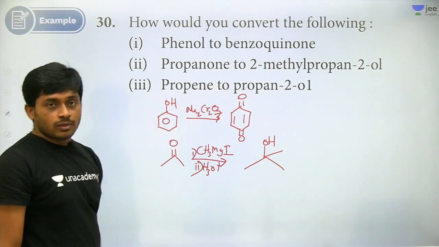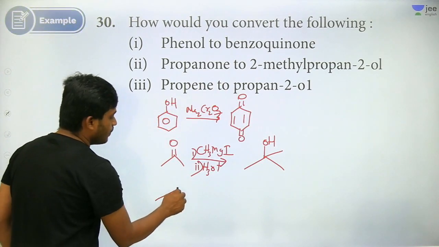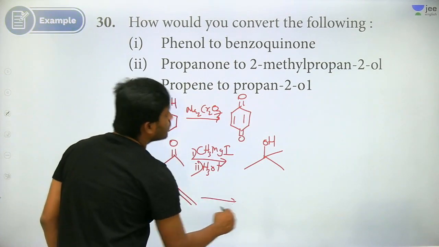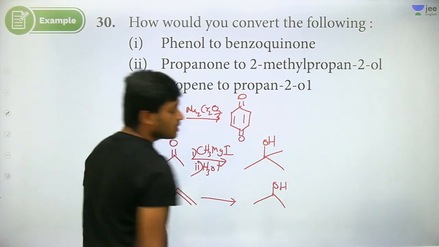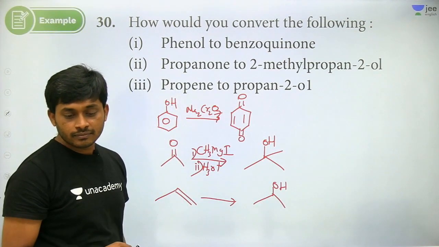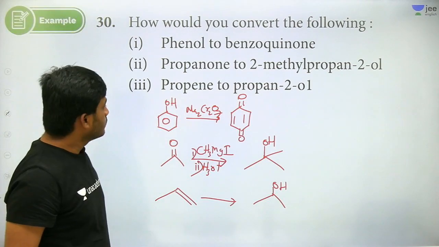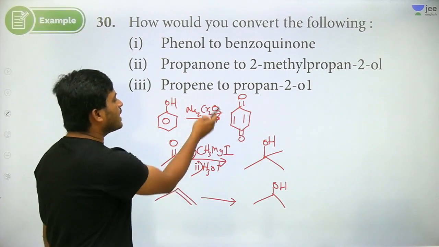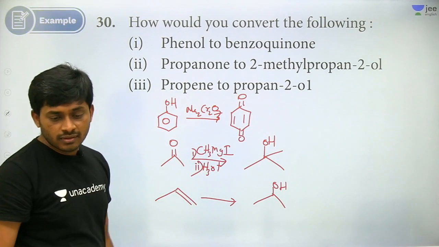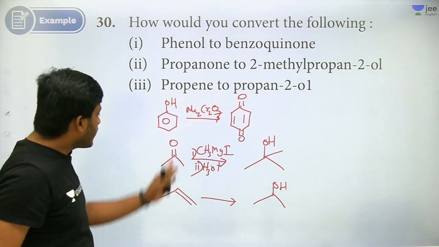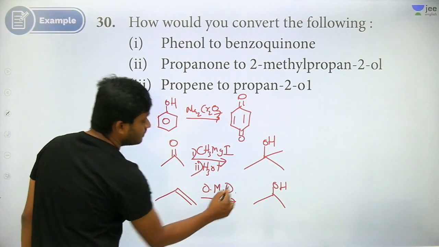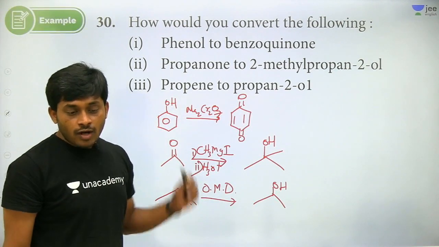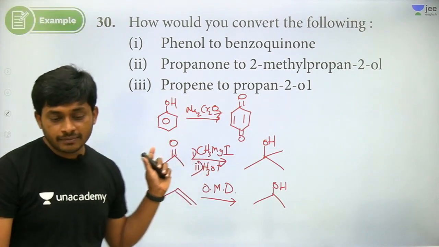Propene to propanol: propene is this, 2-propanol. So what can we use here? Chromic acid, dichromate we can use. Grignard reagent is fine. Next one, oxymercuration-demercuration we can use, right?